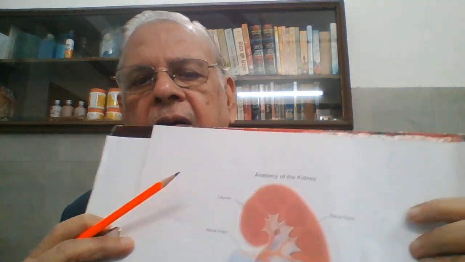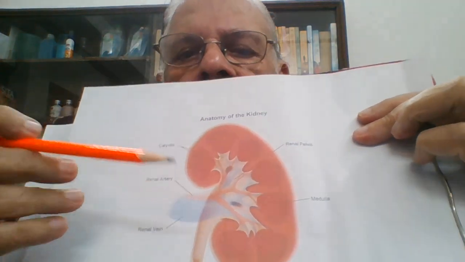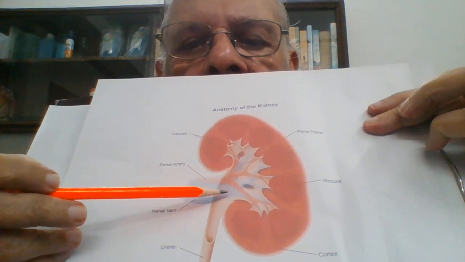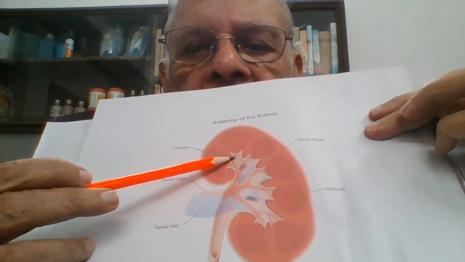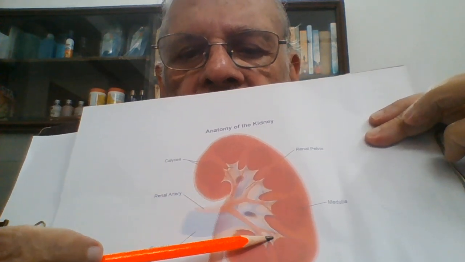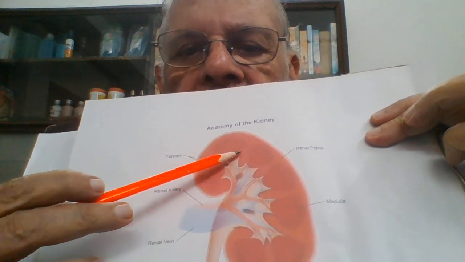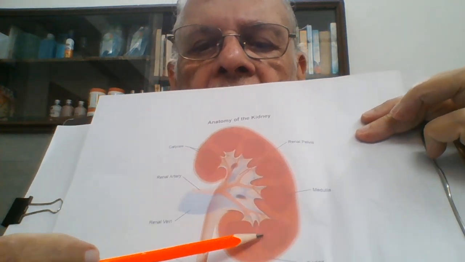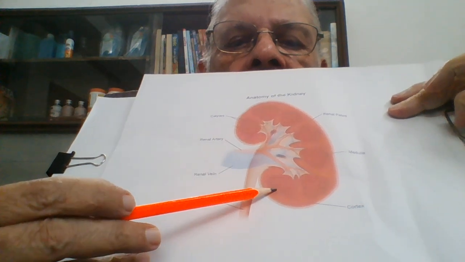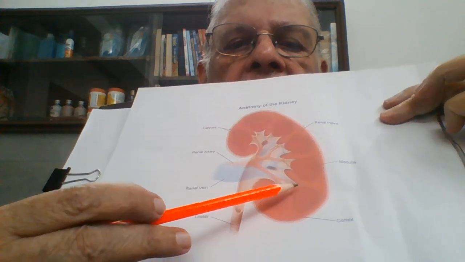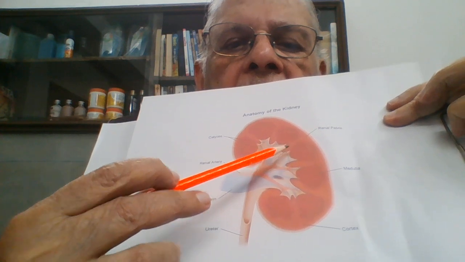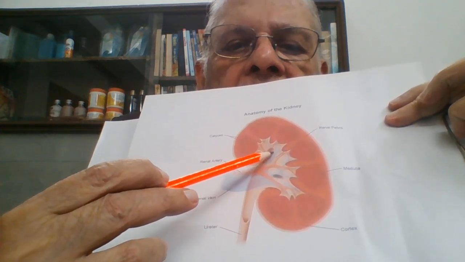See another diagram of the kidney. See this diagram of the kidney. This is the pelvis of the kidney. This all is the pelvis of the kidney, and the rest is the parenchyma of the kidney. So pyelonephritis means the infection and inflammation of this area as well as this area.